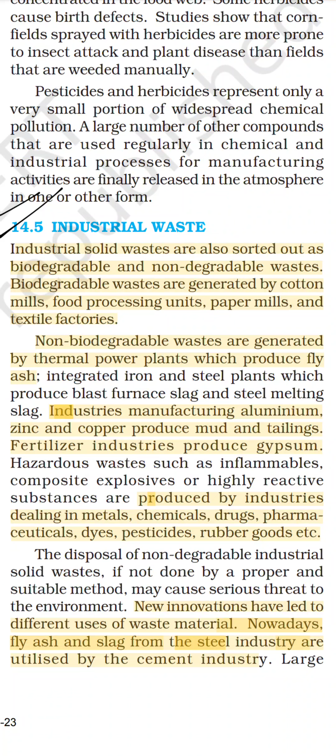Non-biodegradable wastes are generated by thermal power plants, which produce fly ash, integrated iron and steel plants, which produce blast furnace slag and steel melting slag, and industries manufacturing aluminium, zinc and copper, which produce mud and tailings. Fertilizer industries produce gypsum.